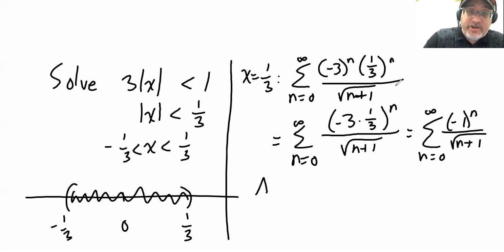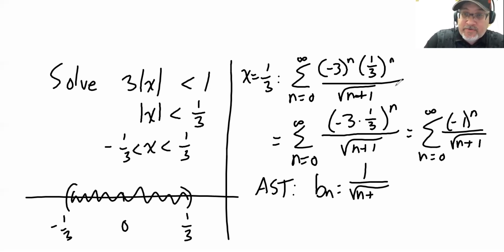So let's use the alternating series test. By looking at the individual term without the alternator, it would be 1 over the square root of n plus 1. And ask the 3 questions. Is it positive? Yes. Is it decreasing?